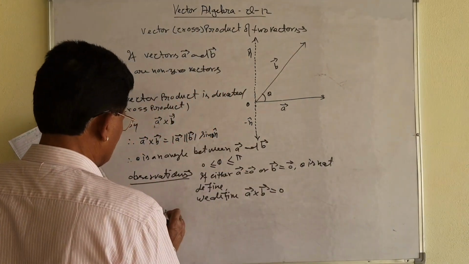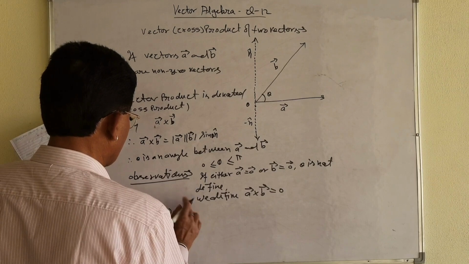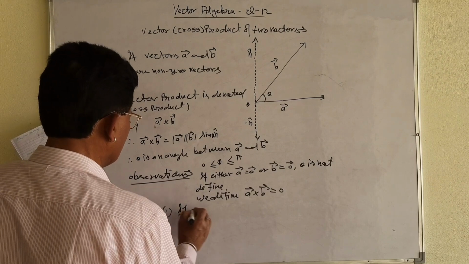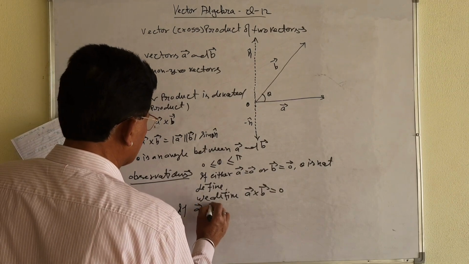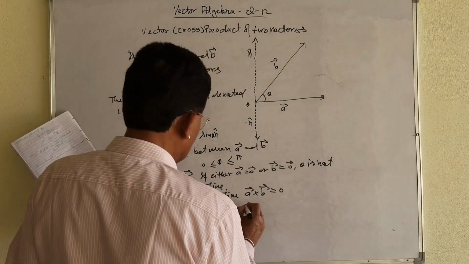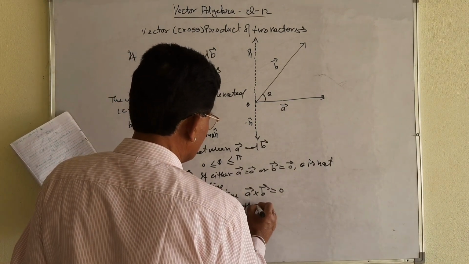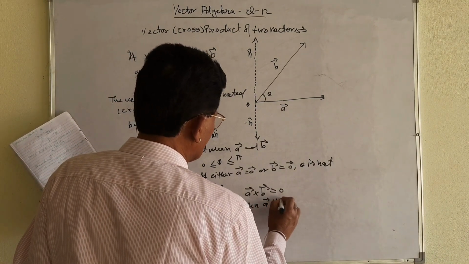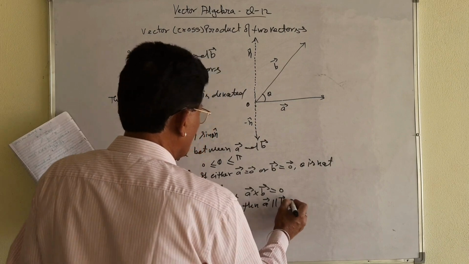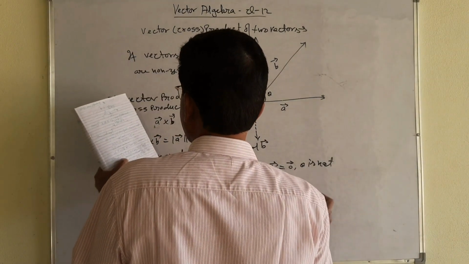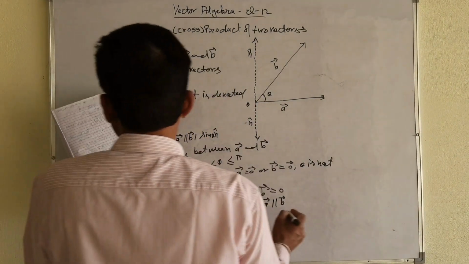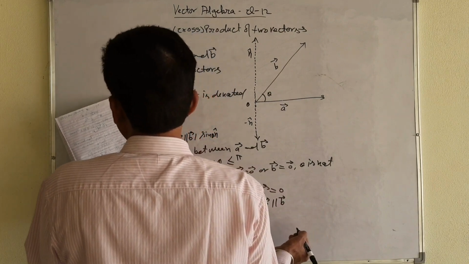Let me take the first case. If vector A cross vector B is equal to 0, then vector A is parallel to vector B, or the next case, that both will be collinear.